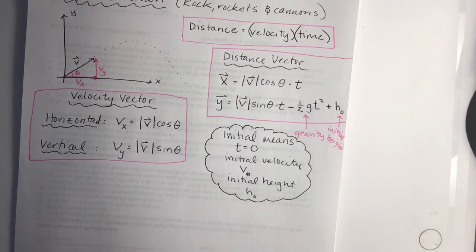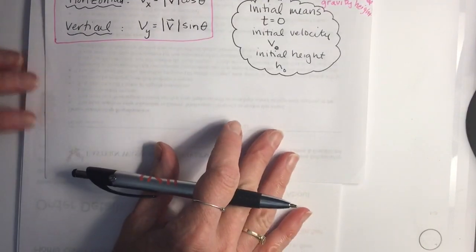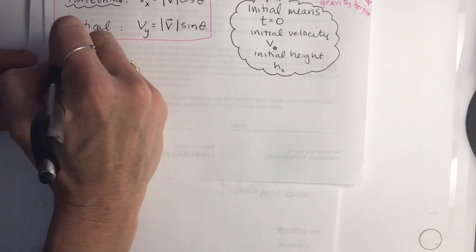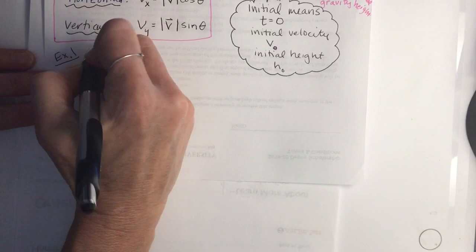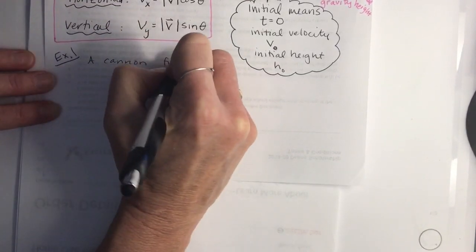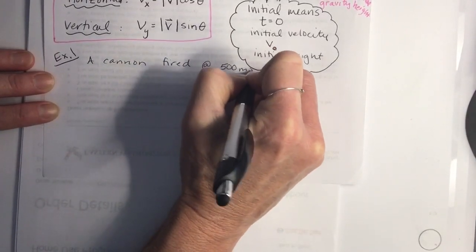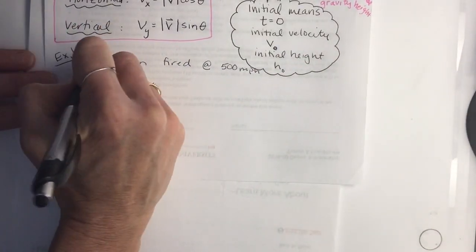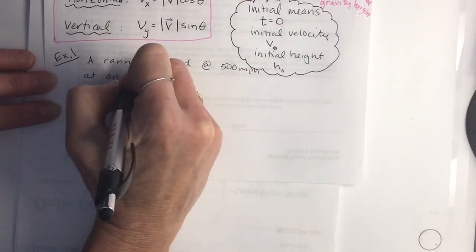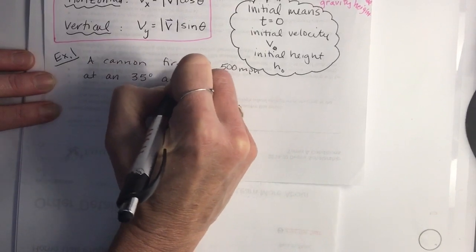Okay, let's do a couple of examples. We'll walk you through and then you'll be ready for the worksheet. Okay, so example 1: a cannon fired at 500 miles per hour at a 35-degree angle.